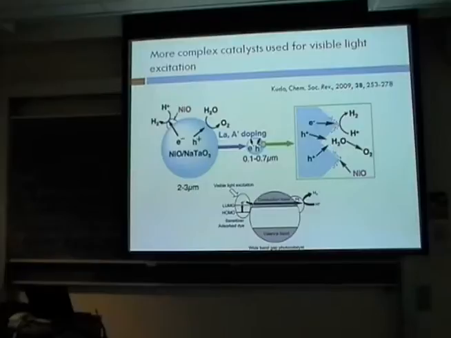When you get into these complicated structures that may involve an inhomogeneous type of particle, we'll take a look at one example here that involves a nickel oxide located on the surface with this complex oxide constituting the bulk of the material. Then actually paying attention to the position of the bands becomes a little bit more complicated, as we'll see on the next slide.